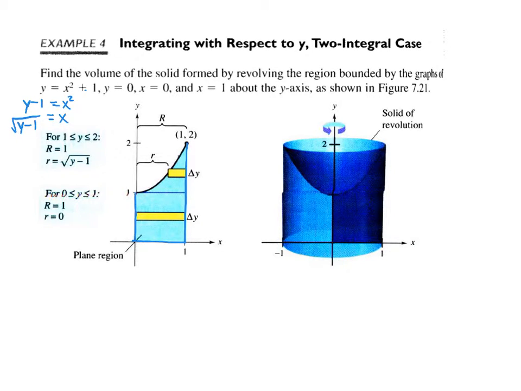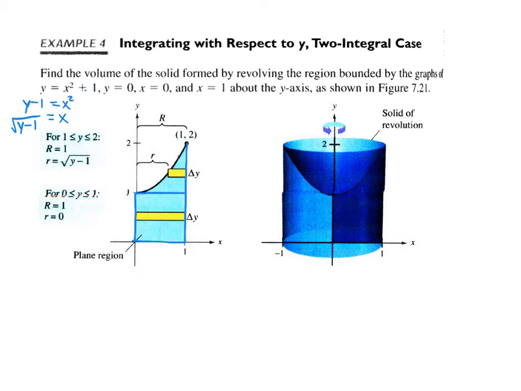Okay? And you can handle this one of two ways. Notice here on the bottom, I simply have this rectangular area that I'm going to revolve around. That's actually just going to give me a cylinder on the bottom. Okay? That's going to be a cylinder.